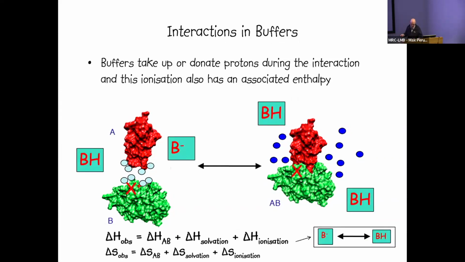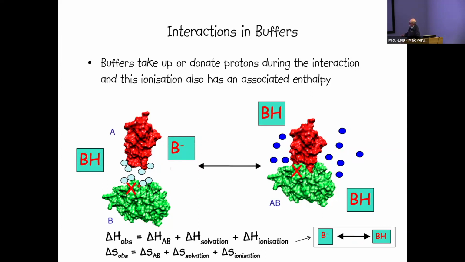We can also add the element of ionization. In this case, we often make measurements in buffer, and these buffers will have an associated enthalpy for ionization of the buffer. Therefore, if we have changes in pKa during our interaction, then the protons that are liberated or taken up by the system during the interaction will have an associated enthalpy of ionization.